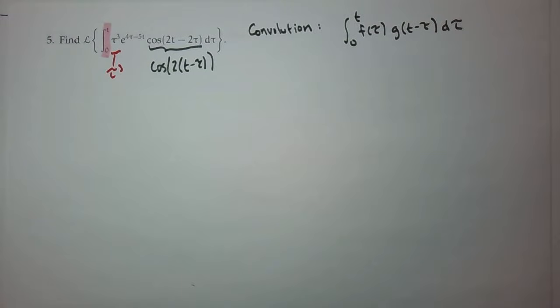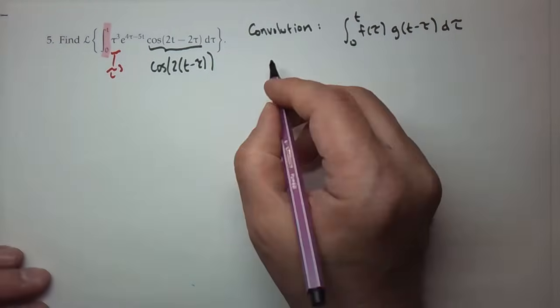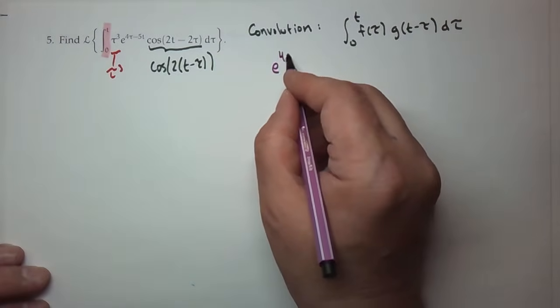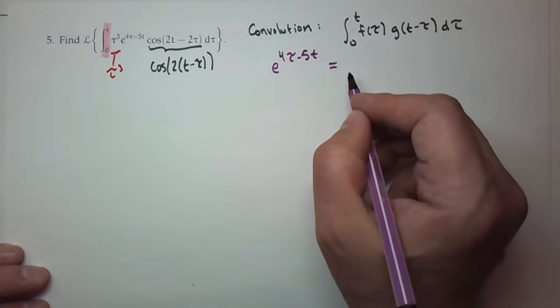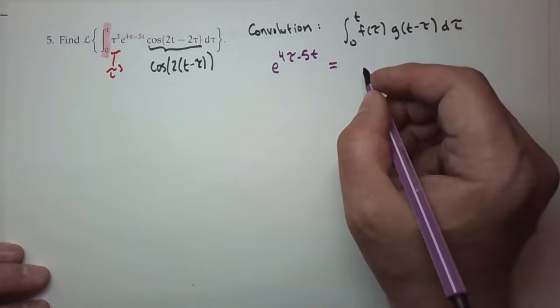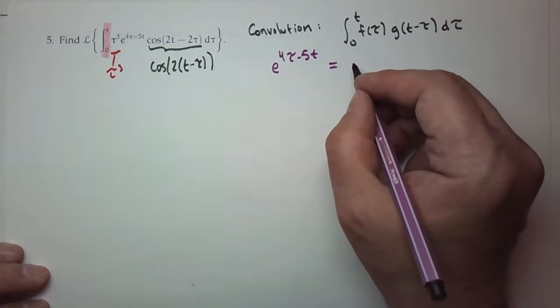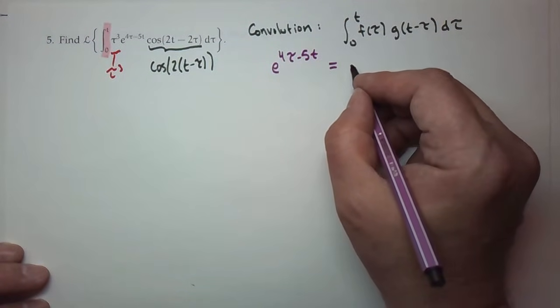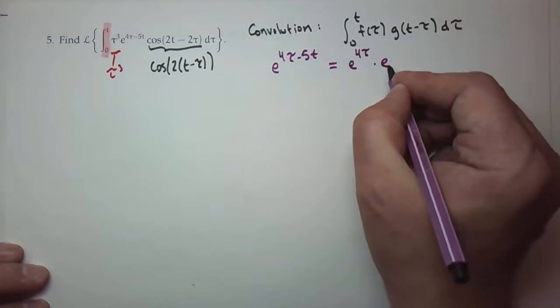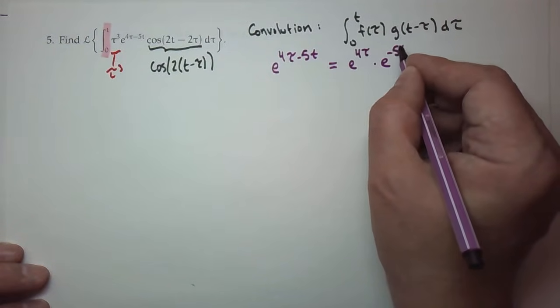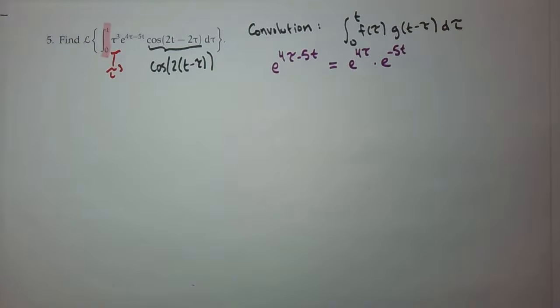But that can sometimes be a hard thing to spot. But let's just make a note of something. E to the 4 tau minus 5t, can we rewrite that using the properties of exponential functions? Yes. It becomes e to the 4 tau times e to the minus 5t. Correct? Because you can separate addition and subtraction upstairs by multiplying out.